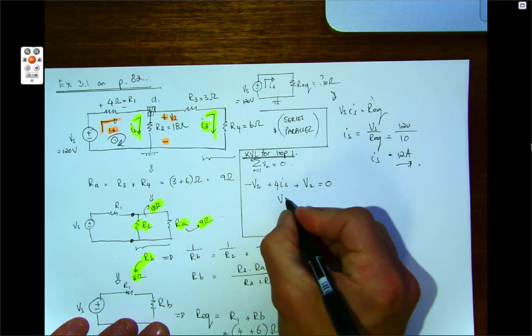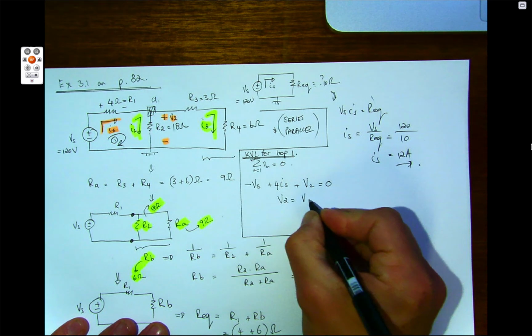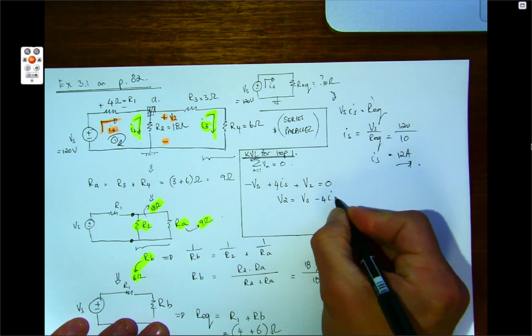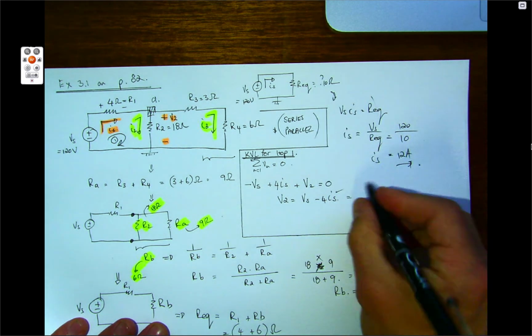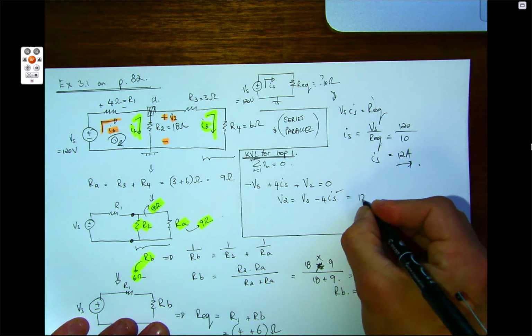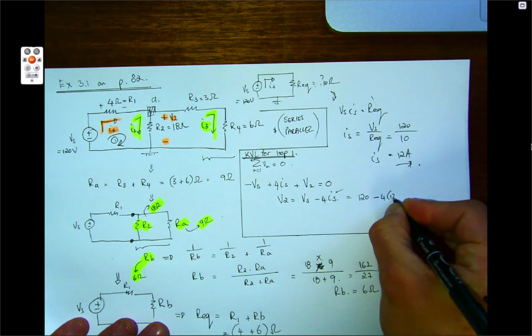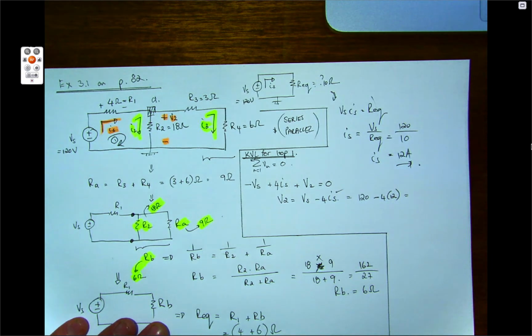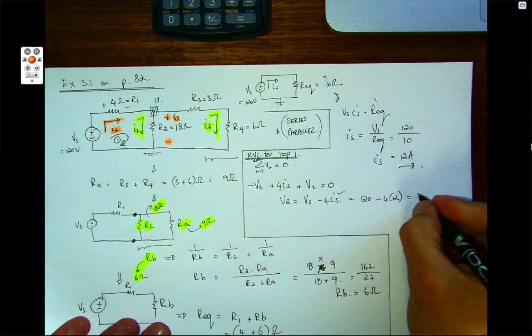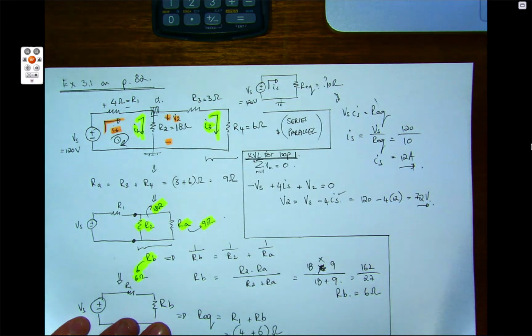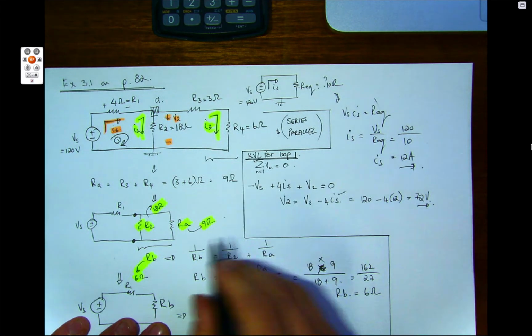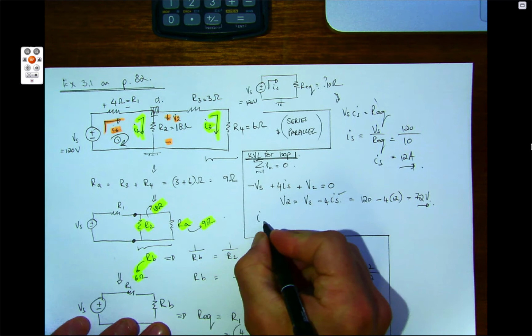So V2 is equal to Vs minus 4Is, and I have Is, so this simply becomes 120 minus 4 times 12, and this is equal to 72 volts. Okay, so we have 72 volt over there, and from that we can calculate the value of I2.